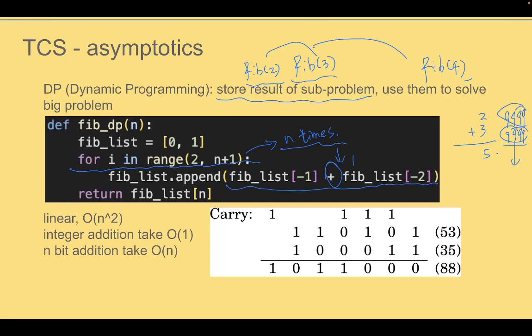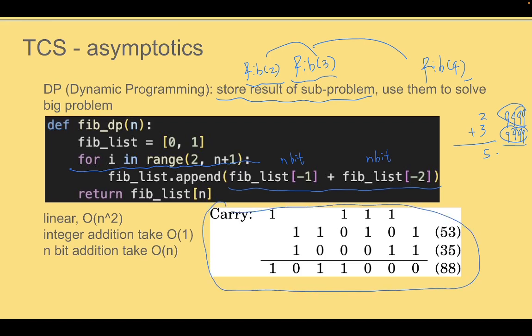So we should measure the addition more accurately. Basically it's two n-bit numbers doing addition, right?